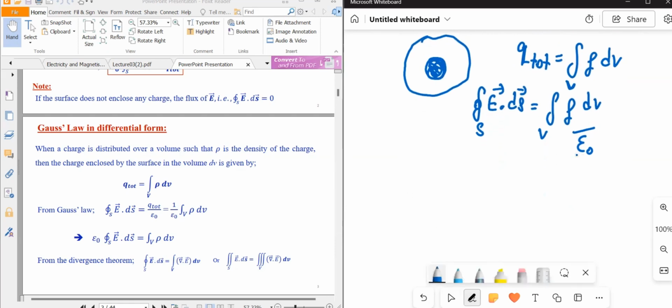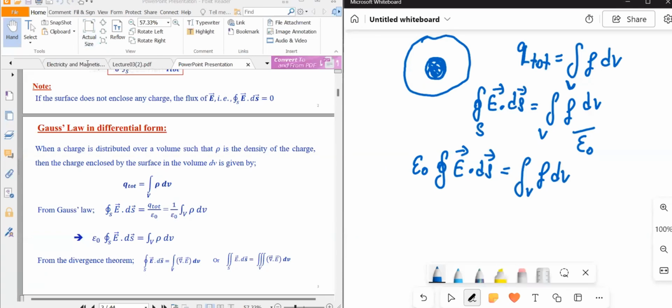Then we can take this epsilon naught to this side. So we have epsilon naught surface integral E dot ds is equal to volume integral of charge density over the total volume. Then we need to use this divergence theorem.